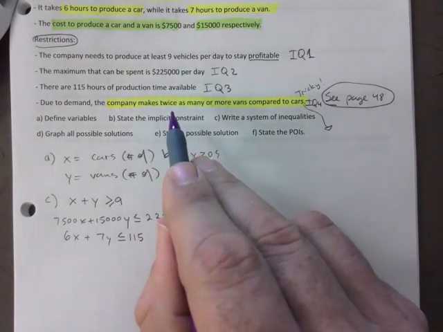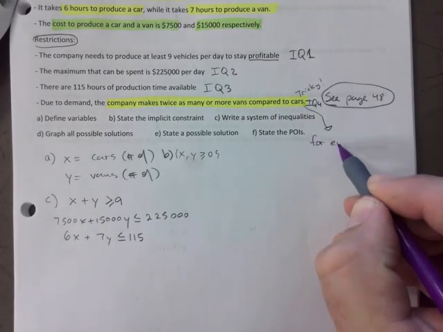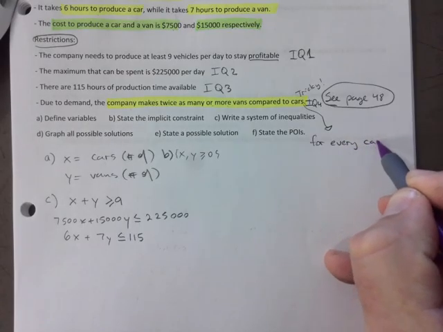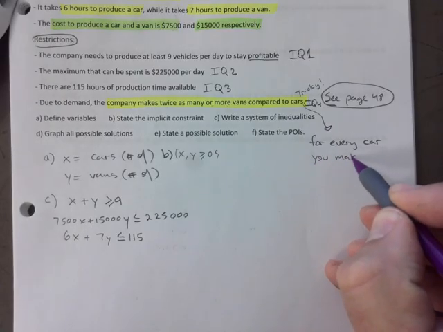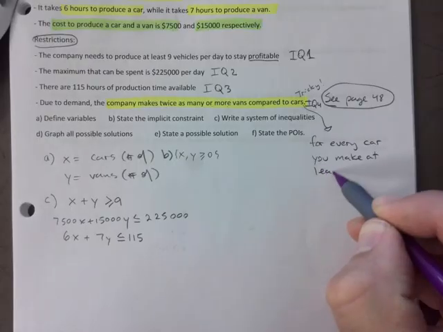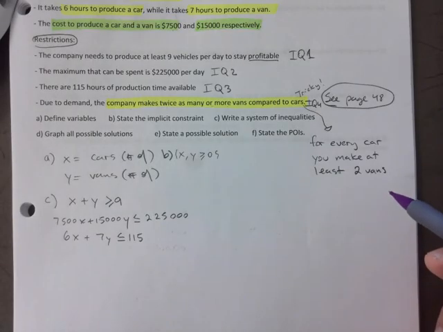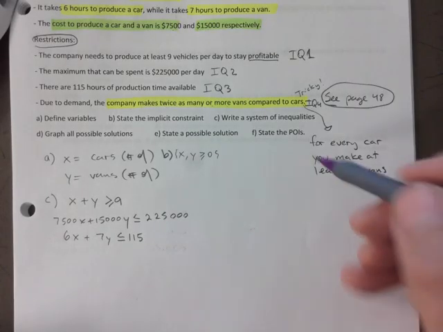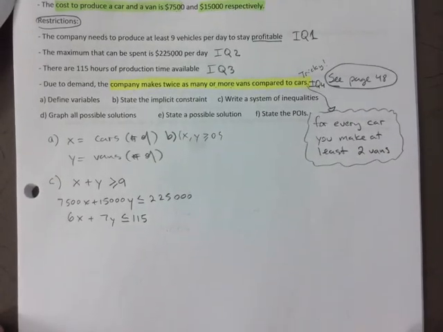Another way of saying this exact same thing, you should write this down, is for every car, you make at least 2 vans. I don't know if that helps you. For some of you, that's going to be more relatable. Like for every car, you make at least 2 vans. That's what that statement is saying, okay? So some of you might appreciate that. So that's when you write it out.